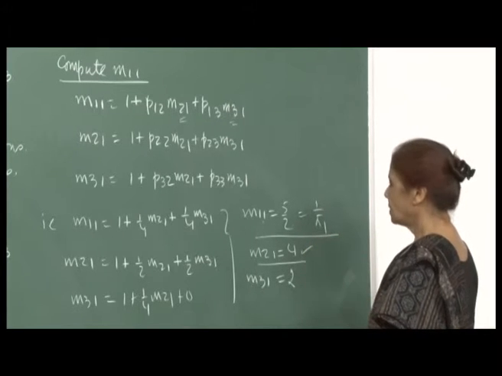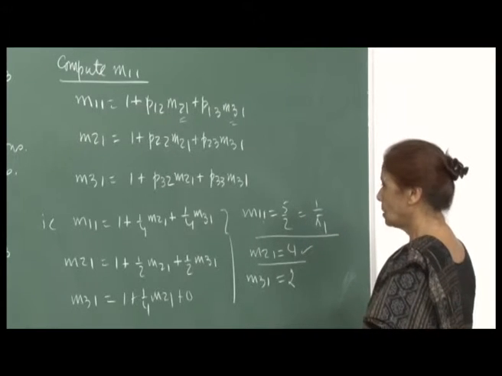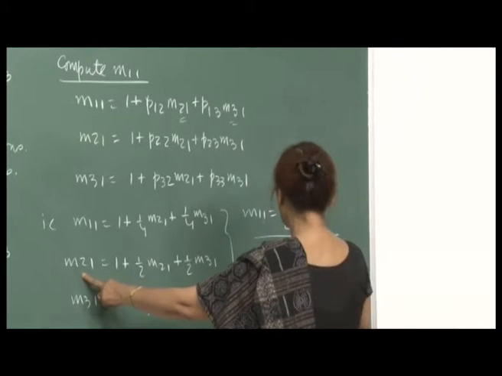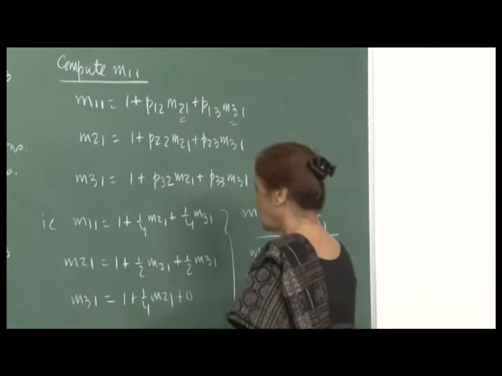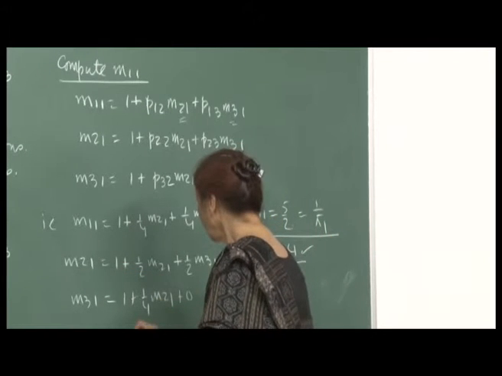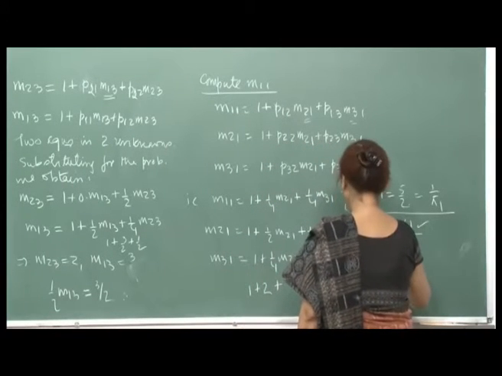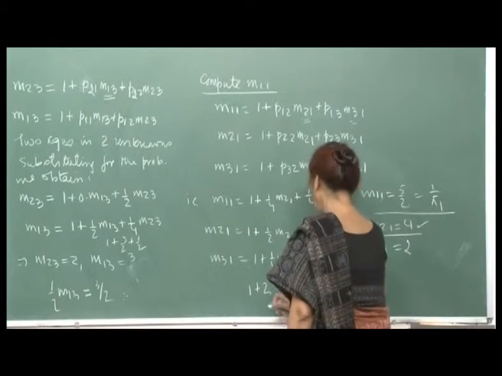So, I hope this is a right calculation, because let us see, if you want to verify it here: if M21 is 4, then on this side it is 1 plus 2, and your M31 is 2. So, that is also 1. So, that is 4.